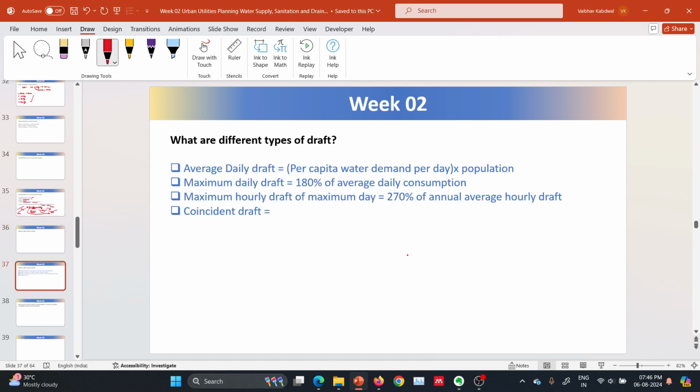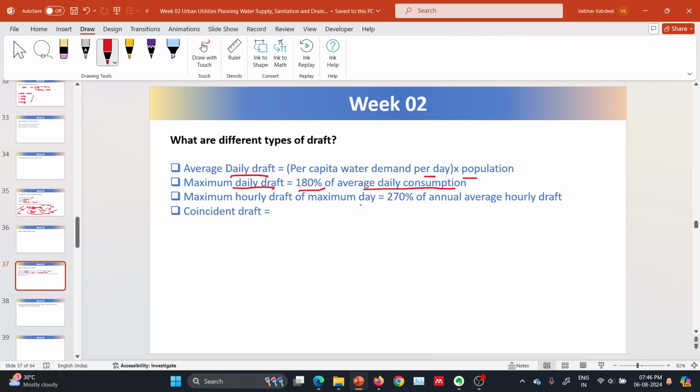The drafts are average daily draft, which is how much water is consumed daily. That is average per capita water demand into population. Maximum daily draft is 180% of average daily consumption, which means average consumption into 1.8.